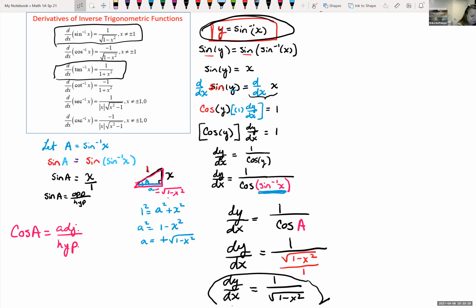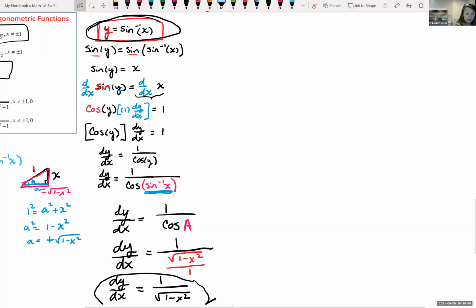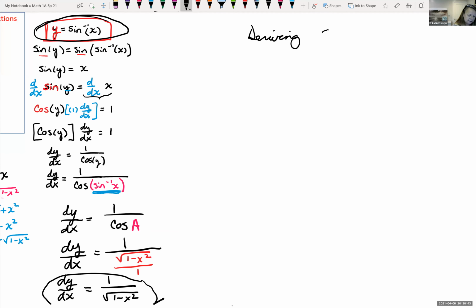So we're going to start with what we know. So d/dx, that means I haven't taken the derivative yet. So d/dx of tangent inverse of x. So let's say we have y is equal to tan inverse of x. And so we don't know how to take that derivative, but we do know how to take the derivative of tangent of x.